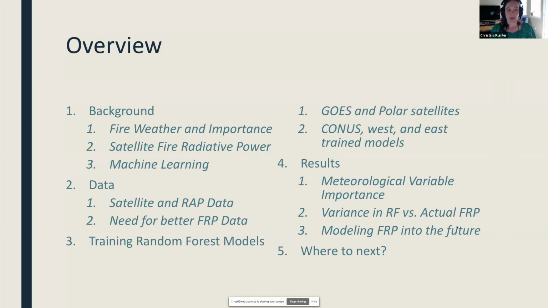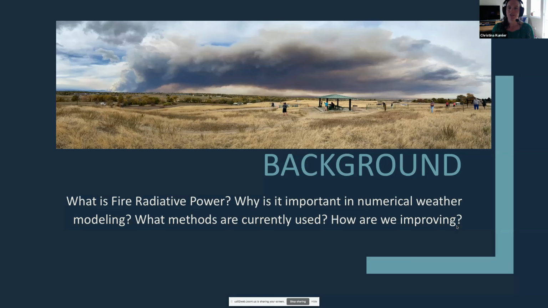And then I'm going to go over the data in specific that we use to train our machine learning algorithms, the training of the random forest models that we found to be the best performing when trying to model and understand FRP. And then I'll take you over some results and explain where we plan to go next.